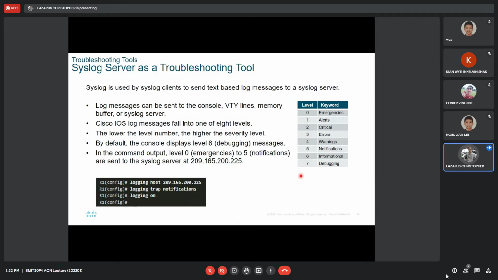Straight away you know, because you've already asked the switch to send any of these error disabled messages to the syslog server. So straight away you know why that user cannot connect anymore: it's disabled due to security problems. So you can use the syslog server as a troubleshooting tool.